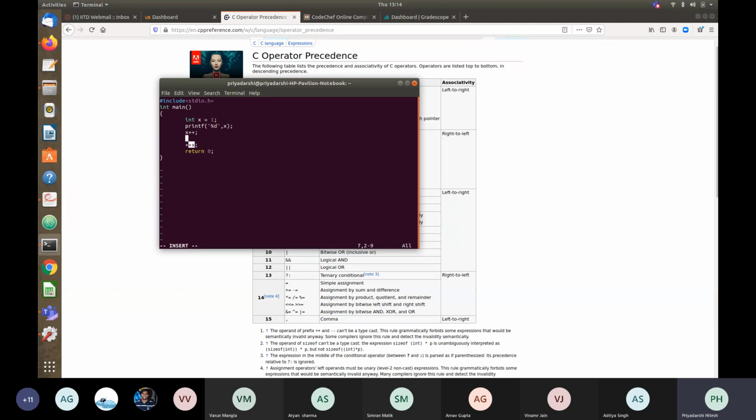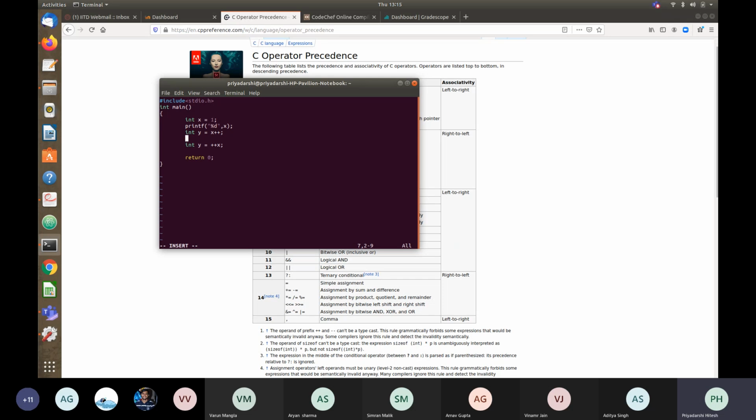Let's say you want the changed value to be assigned to some variable, like if I write int y equal to x plus plus, and similarly here int y equal to plus plus x. So what will happen? What was x here? x was 1.